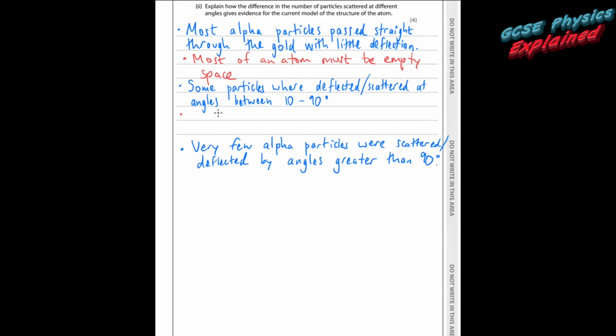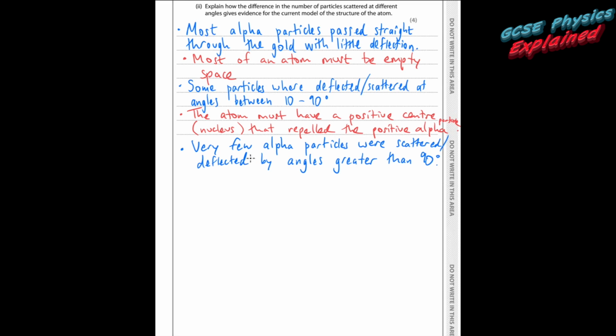So what that means is that if it's been deflected, the alpha positive must have come close to something else that was positive. The atom must have a positive centre or nucleus that repelled the positive alpha particle.